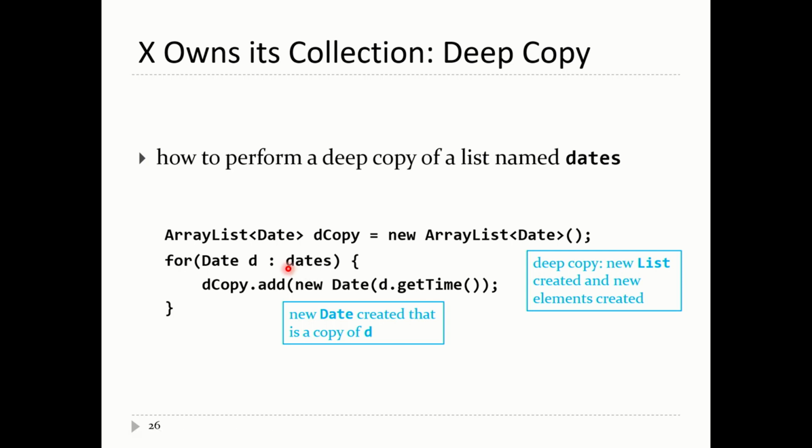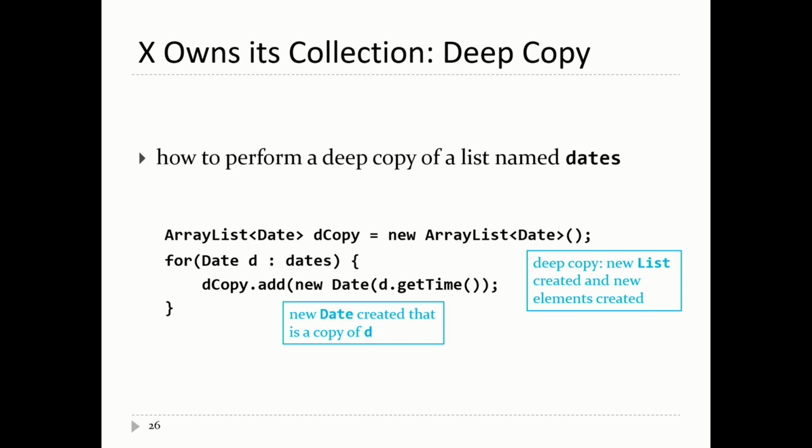Here I'm going to iterate over the list that I want to copy, and I want to make a copy of each one of these elements D. For the Date class, we know how to do that. We can call D.getTime and then pass that to the Date constructor. It's possible that you end up in a situation where the elements you want to copy have no copy constructor and there is no obvious way to make a copy of them. So it is possible for that to happen.